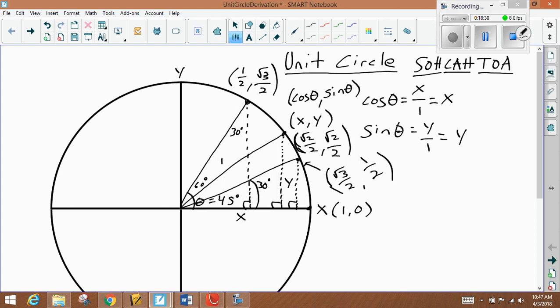Once we've found all of those, it's easy to find all of our coordinates for these points in our other quadrants. So if we went 30 this way, we can go 30 degrees that way.